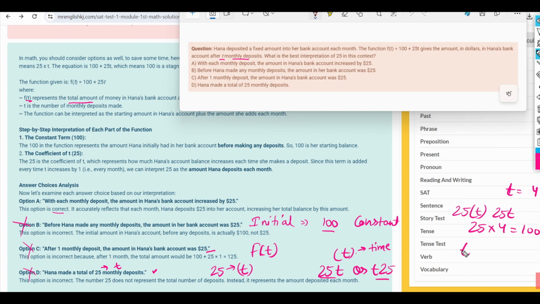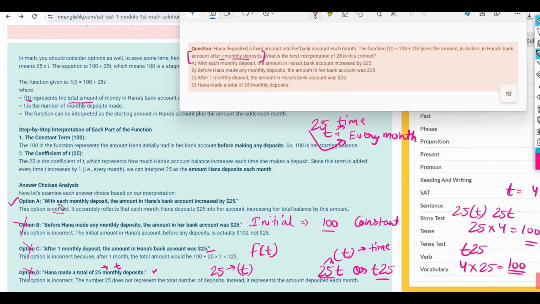We will get the same answer, right? If this portion was not given to us, then it might be problematic, because maybe 25 is the time here and t is the monthly deposit. It's possible, okay? But it gave us that t is the time. So we know then it is 25 that is happening every time. So that's why the first one is correct.